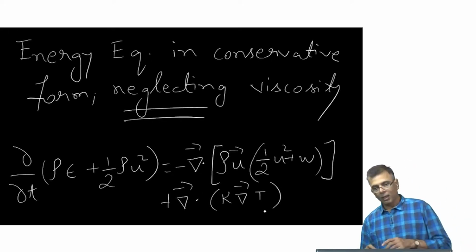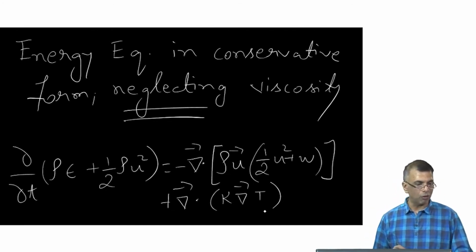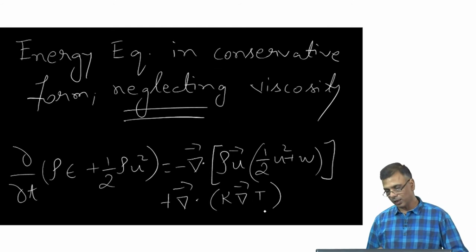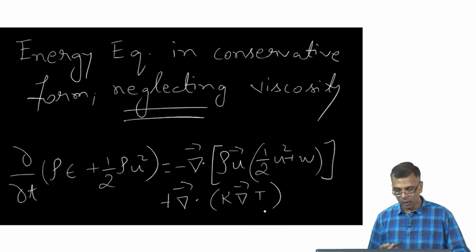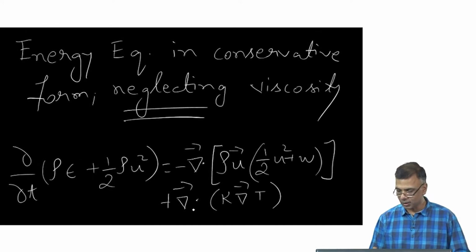Okay, this is the energy equation in conservative form. So clearly, what I am implying by this is that this is the energy density, and because I've got a u here, this is the flux of the energy density, and this is another thing that we will come to in a second.